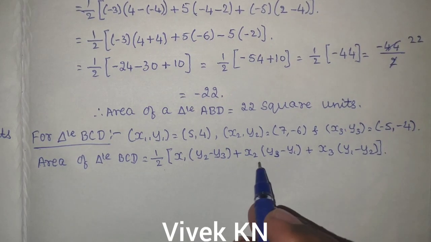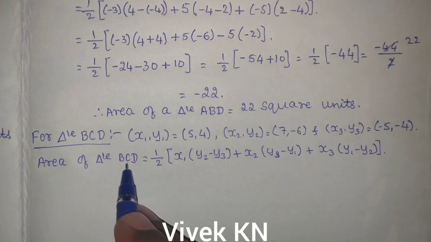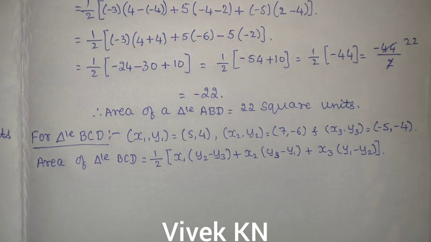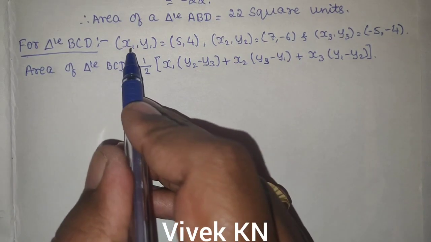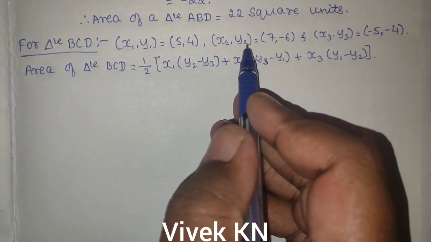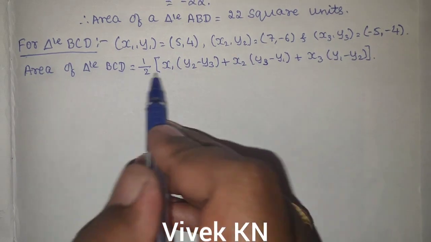This is the formula to find out the area of triangle BCD. Now let us substitute the values of x1 y1, x2 y2 and x3 y3 here in this formula.